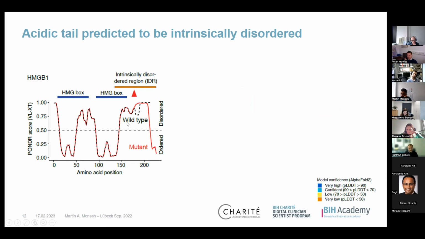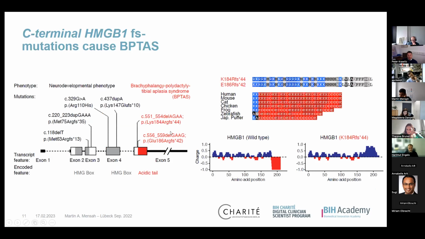And HMGB1's acidic tail is such an intrinsically disordered region. Stefan Mundlos guessed this because there's this repeat of only two kinds of amino acids. And IDRs, intrinsically disordered regions, are often caused when one or just two amino acids are repeated.